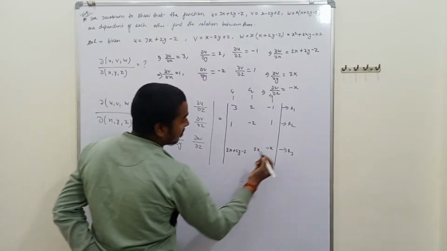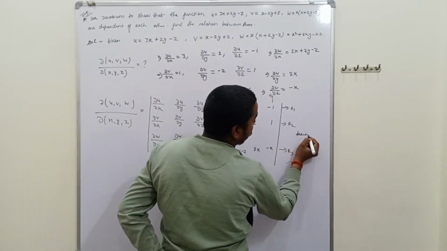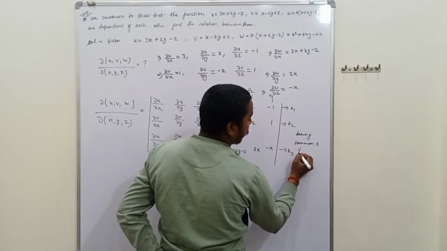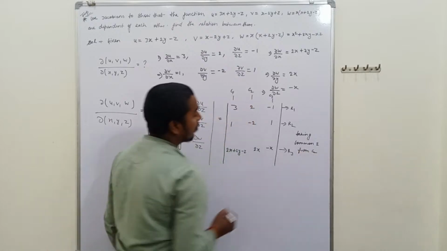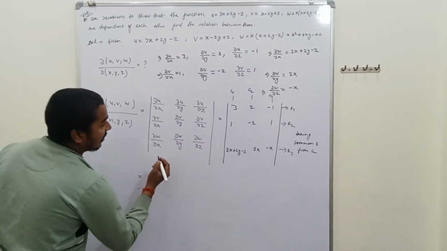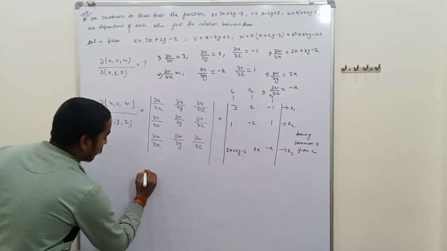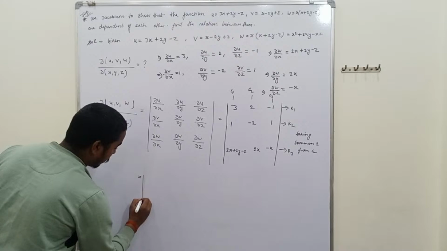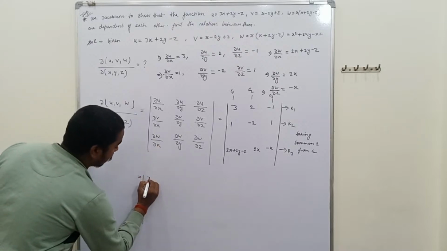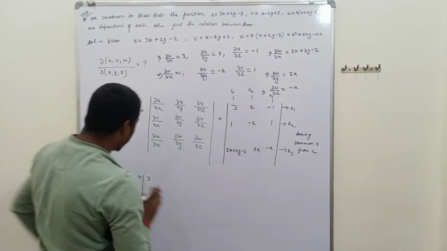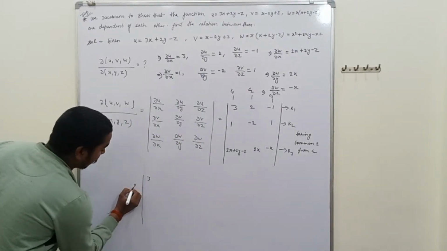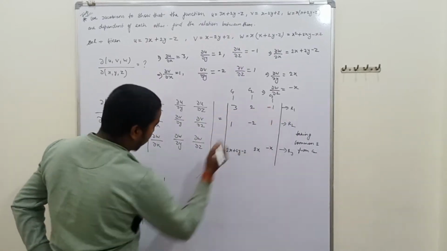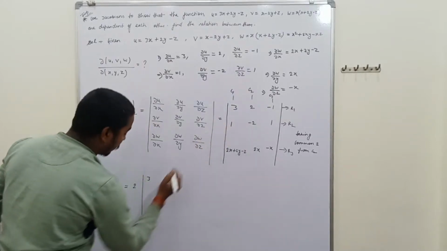We have to write here, taking common 2 from C2. Then that is 3, and taking common 2, 3 here is 1 and here is minus of 1 and 1.